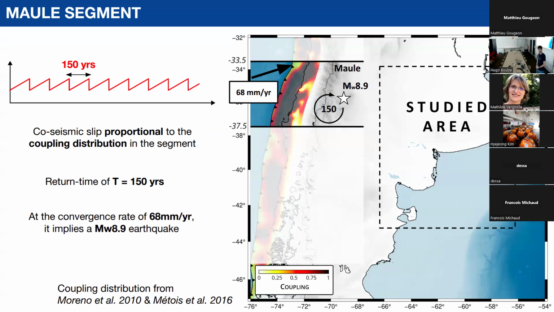So the difficulty of northern Chile is that there is less GPS data in the far field region. For example, for the 2014 Iquique earthquake, you have only one station located at 1,000 kilometers from the trench, in a region where the trench is more distant from the coast.